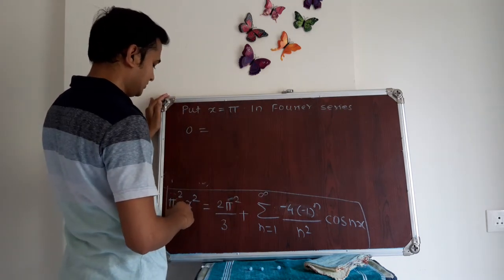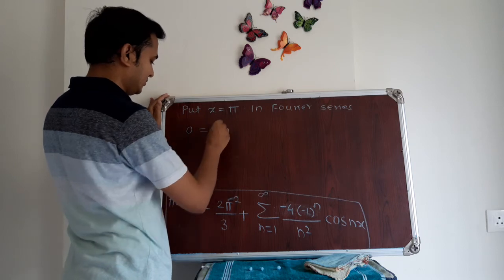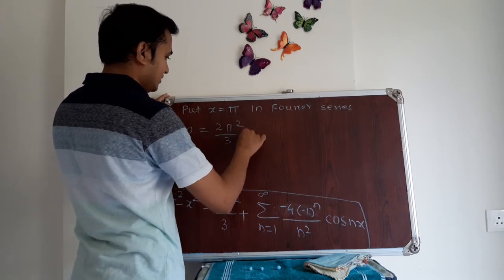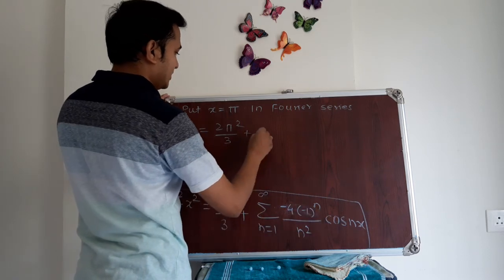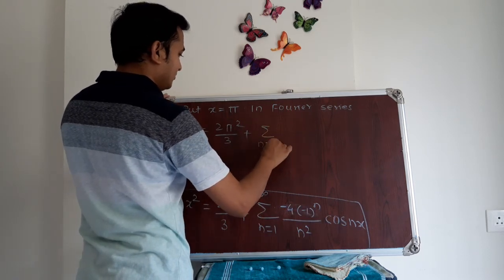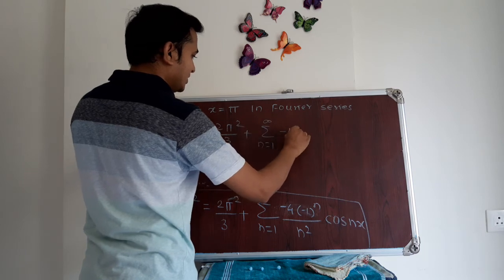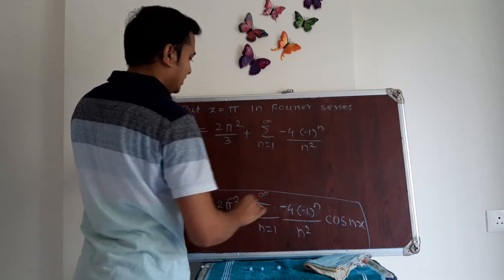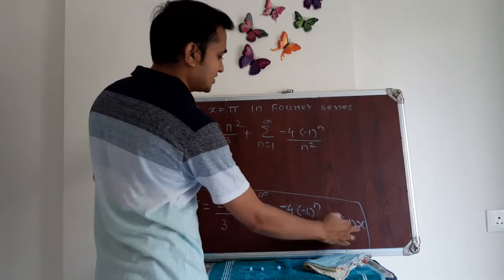So 0 equals 2 pi square upon 3 plus summation n running from 1 to infinity of minus 4 minus 1 raised to n upon n square cos n pi.